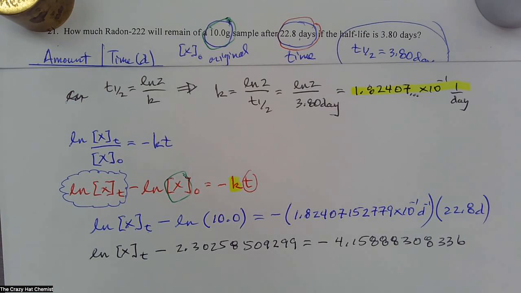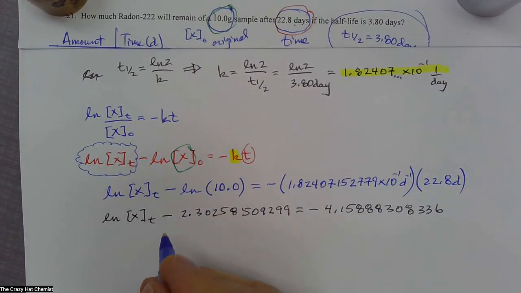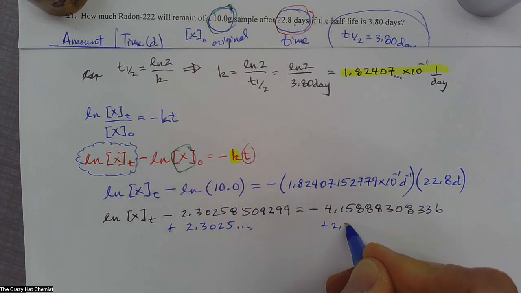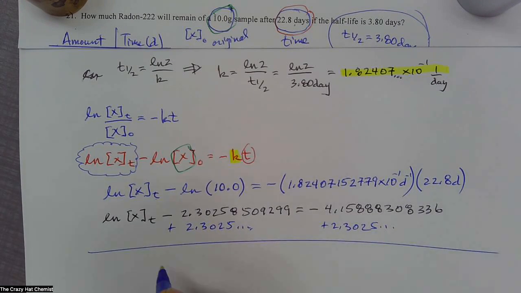And again, what I would recommend is keeping all those numbers in our calculator, that way you don't have to mess with it too much. So we're going to add this 2.3025 to both sides. Just a little bit of algebra.